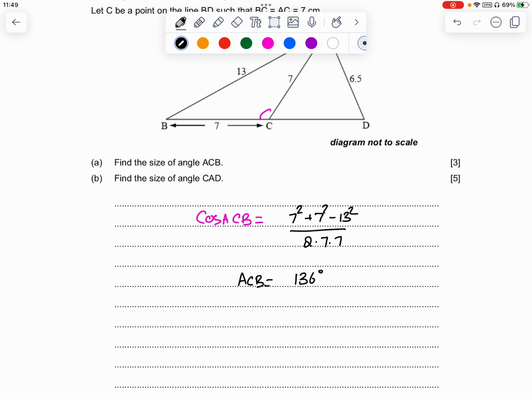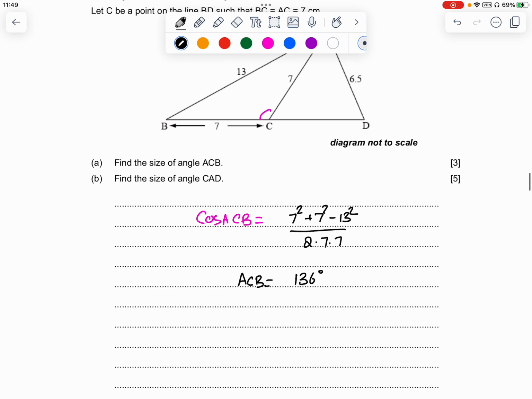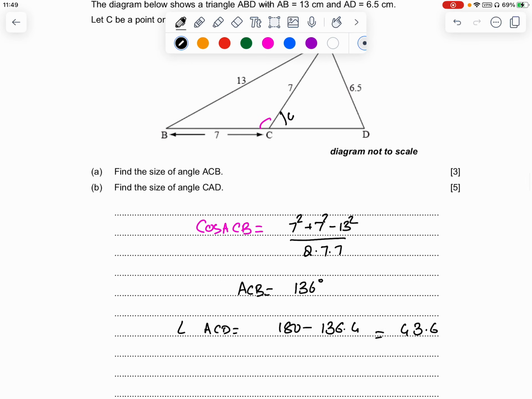Find the size of the angle CAD. So angle ACD will be equal to 180 minus 136.4, which is 43.6 degrees. Then this is 43.6.